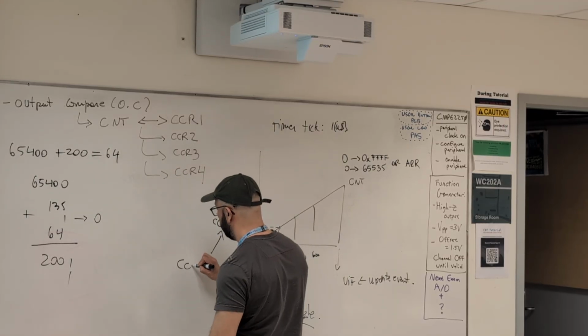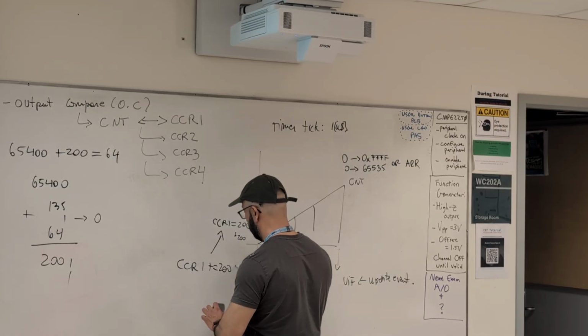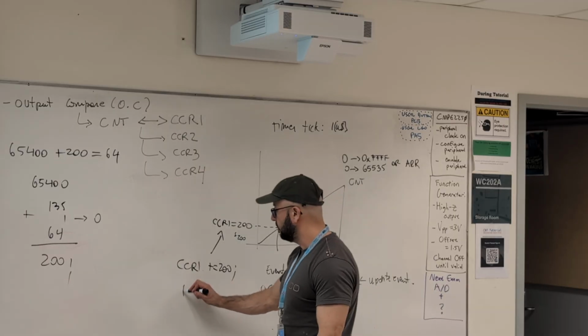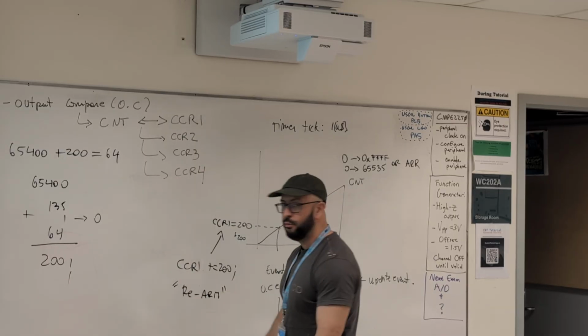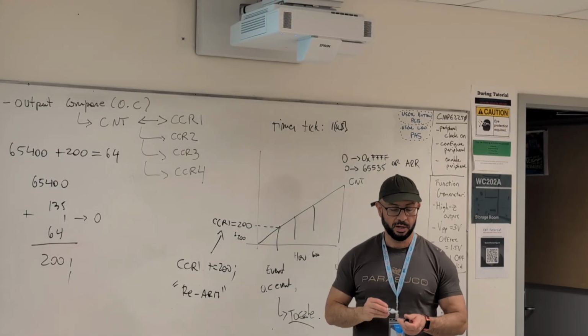We need to do this. And this is called the process of rearm. You rearm it with a new value. Rearm the timer so it happens again at this time. Okay?